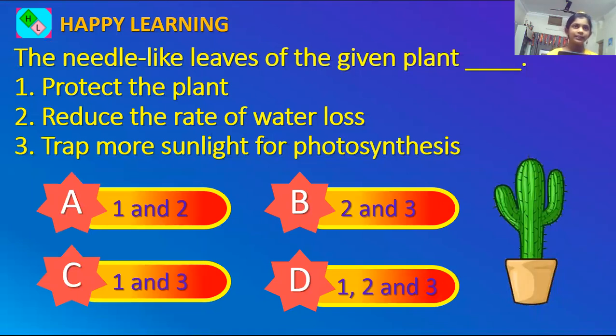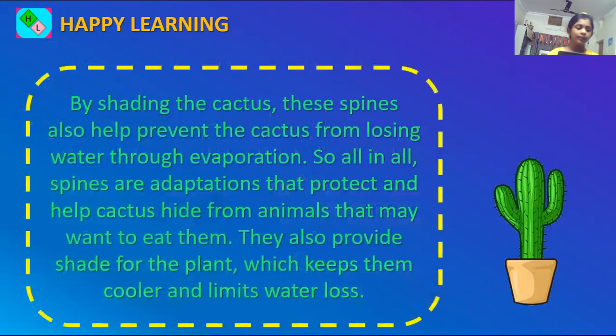First, let us see the explanation of this question. By shading the cactus, these spines also help prevent the cactus from losing water through evaporation. All in all, spines are adaptations that protect and help the cactus hide from animals that may want to eat them.